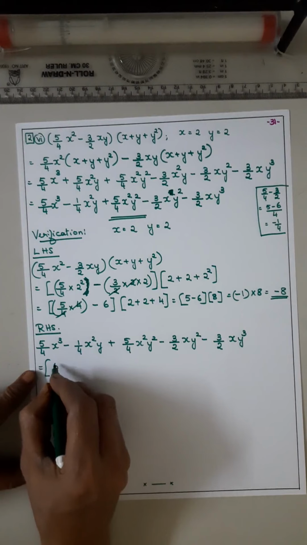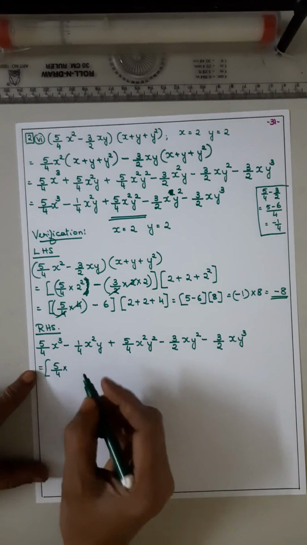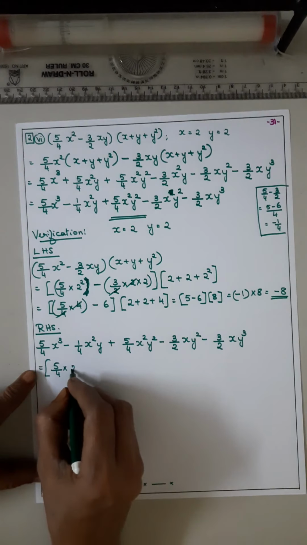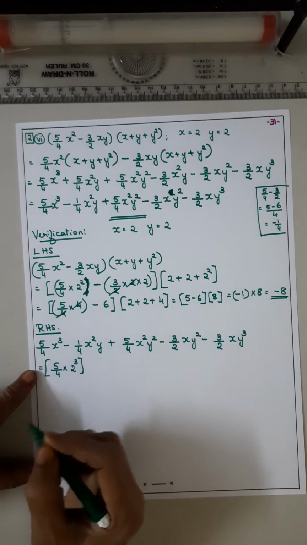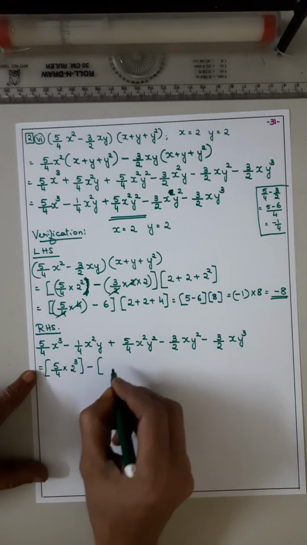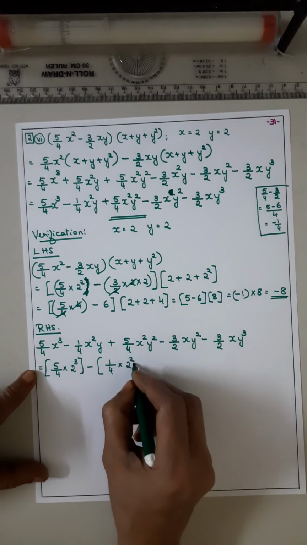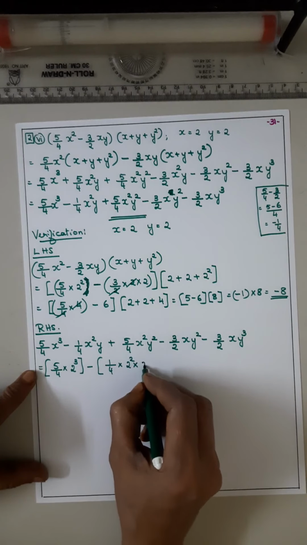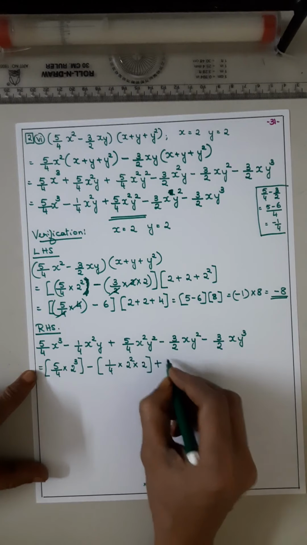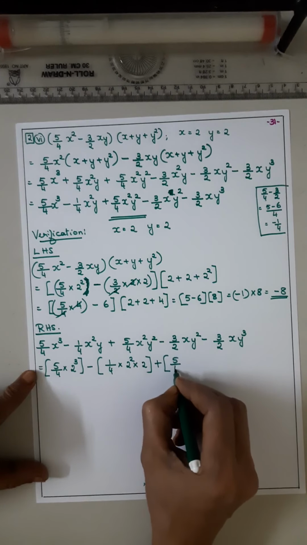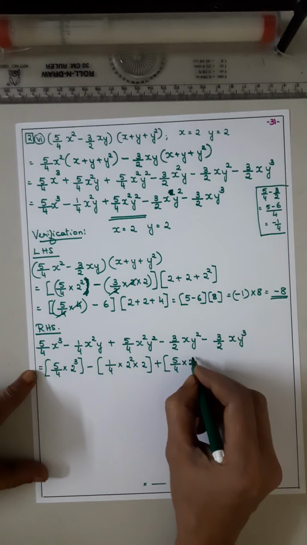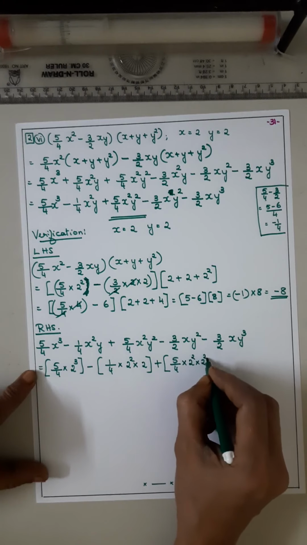It is 5 by 4 into x is 2 cube, minus 1 by 4 into x is 2 squared, again y is 2, plus 5 by 4 into x squared is 2 squared, y squared is 2 squared.